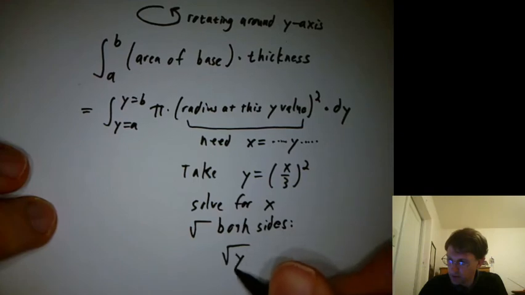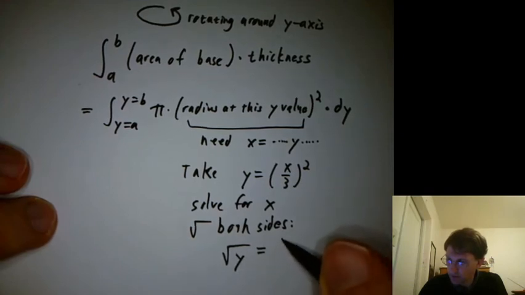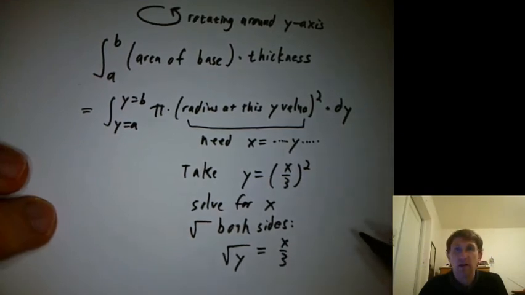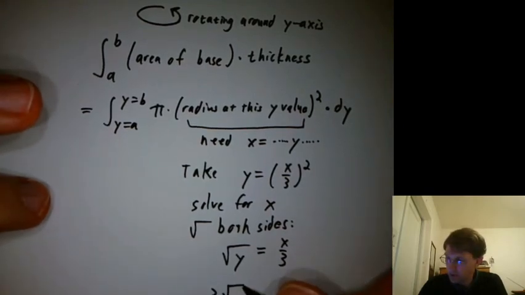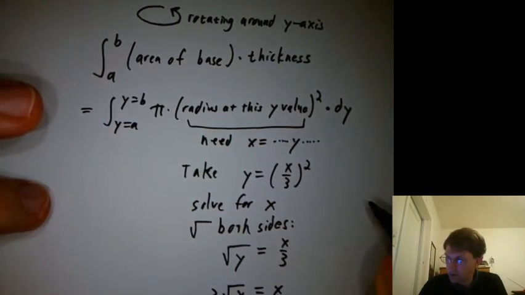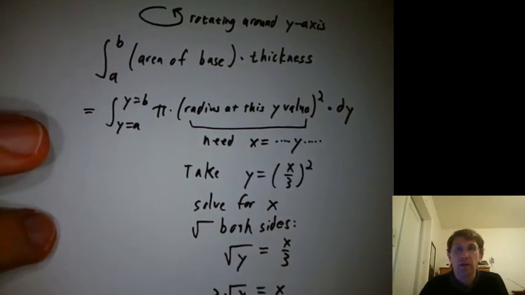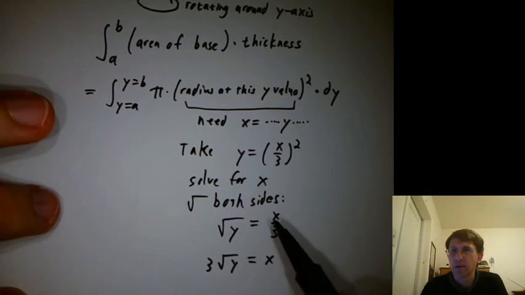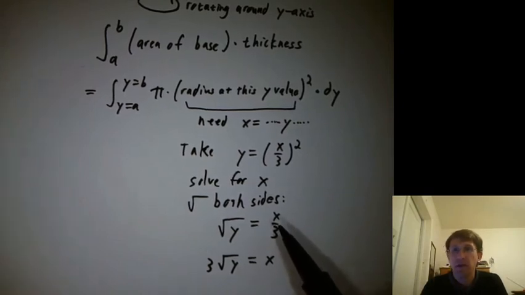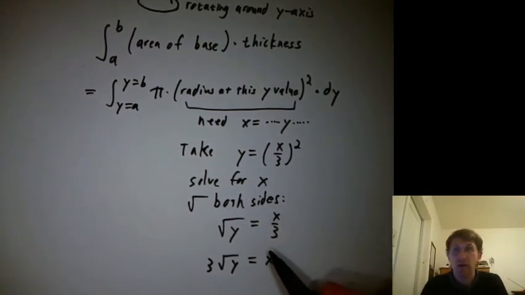So you get square root of y equals x over 3. And then what? Multiply both sides by 3. So 3 root y equals x. I'm going to leave as an open mystery here: do I need a plus or minus here, or a plus or minus there, or maybe no plus or minus at all? It turns out I don't need it.